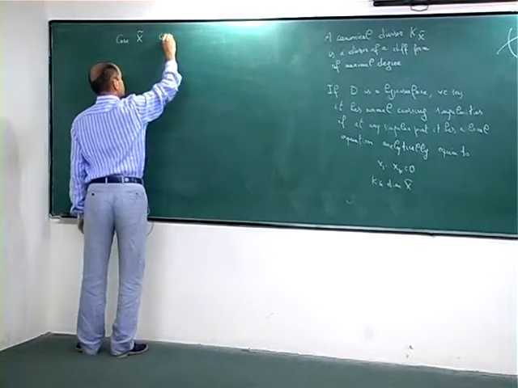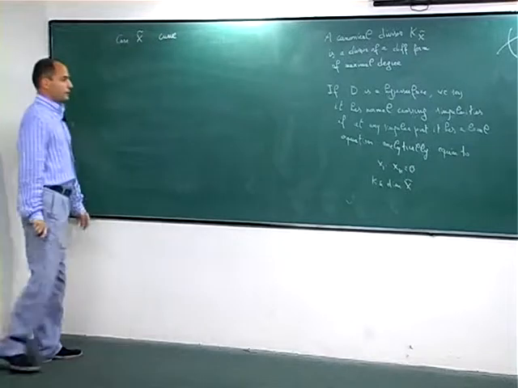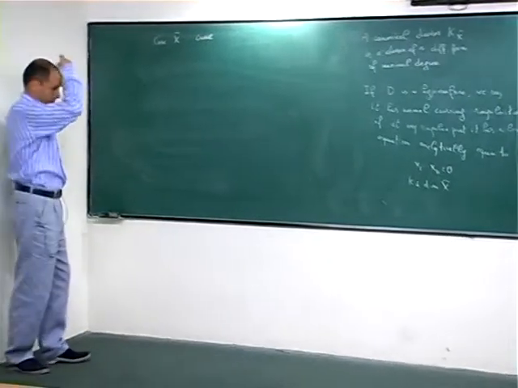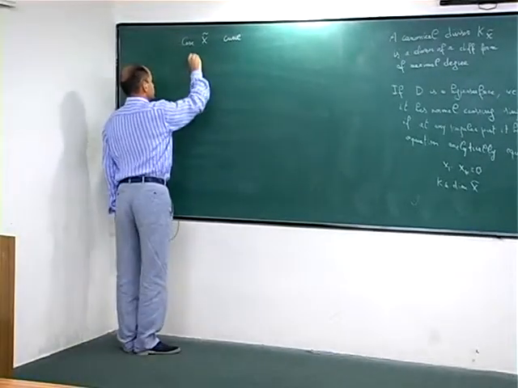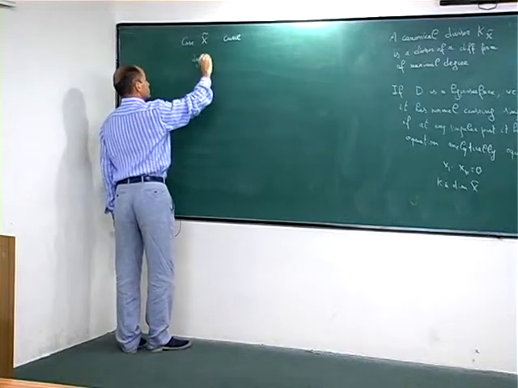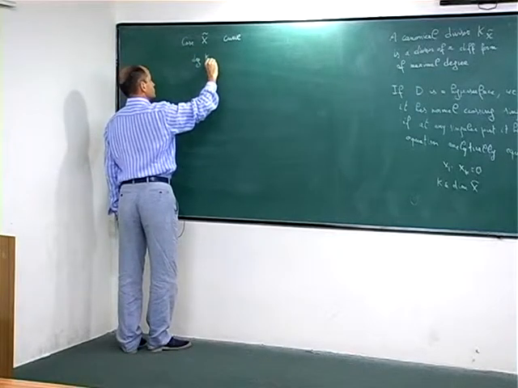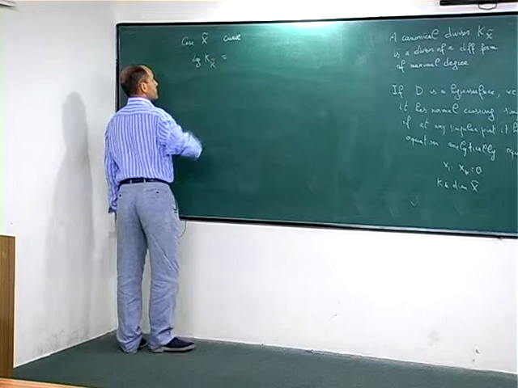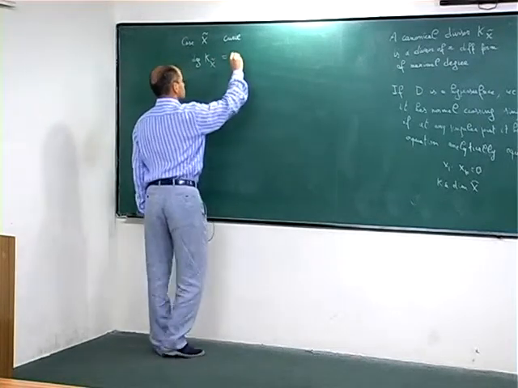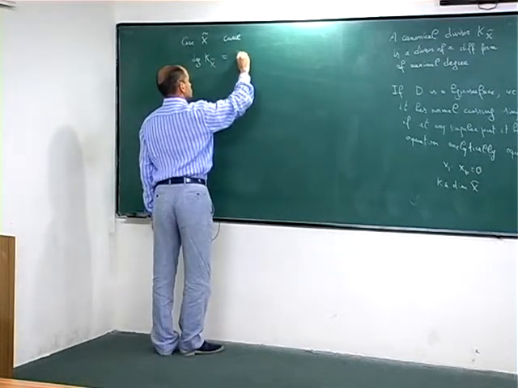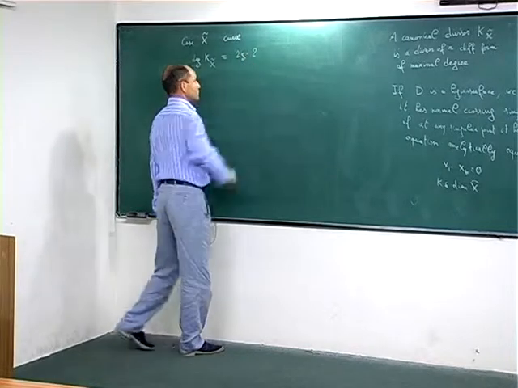Still the curve. Then the degree of the canonical divisor is equal to 2g minus 2.